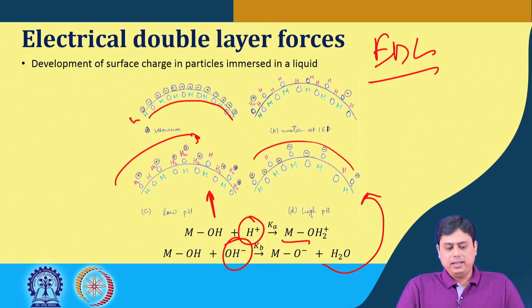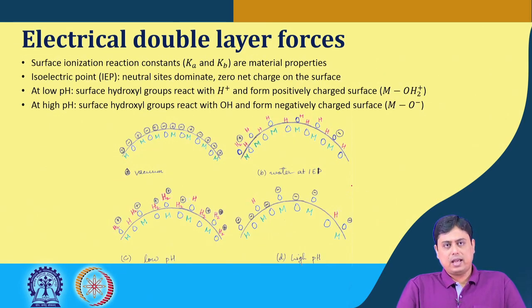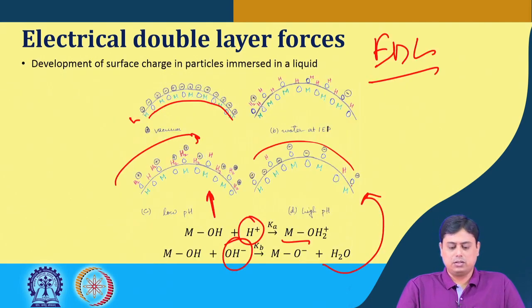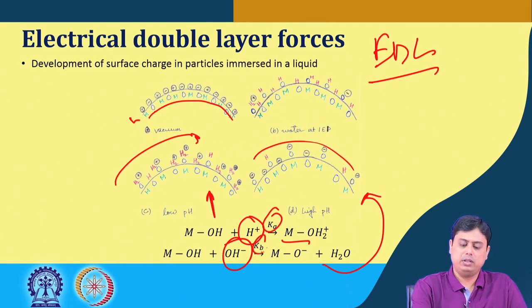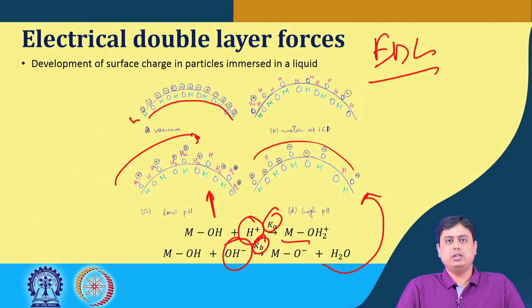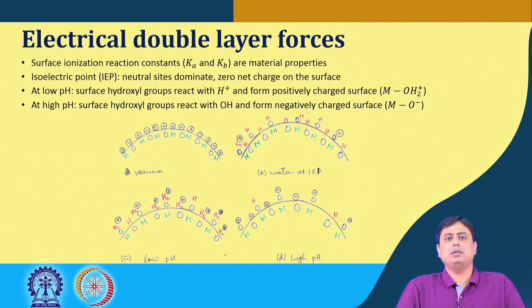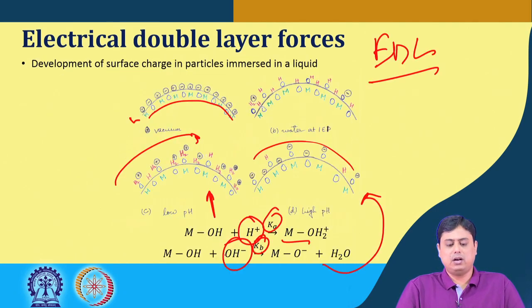Now, the point is that these surface ionization reaction constants, Ka and Kb in this case, are material properties. For example, they change with silica oxide, and with alumina oxide. They have different values.